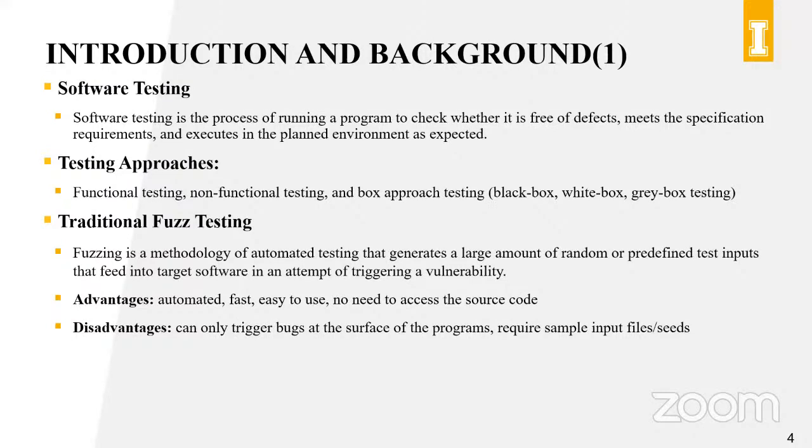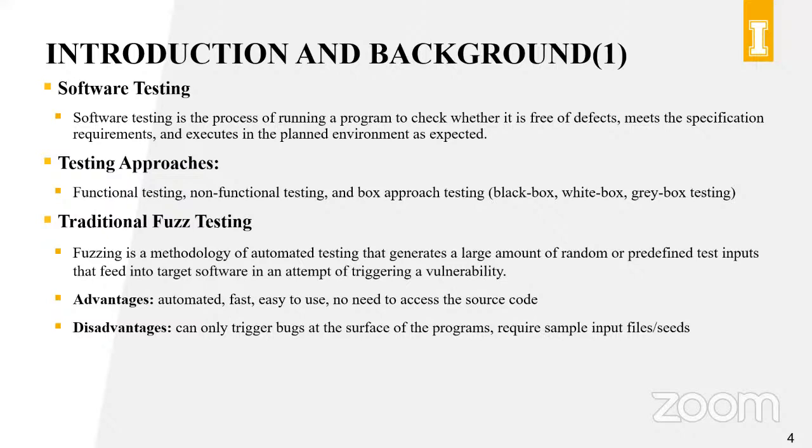Then we have testing approaches. There are many, but the main ones are functional testing, non-functional testing, and box approach testing, which are black box, white box, and gray box testing.